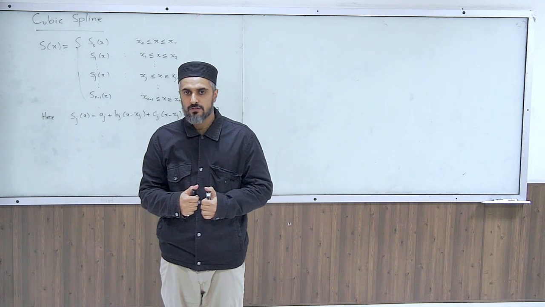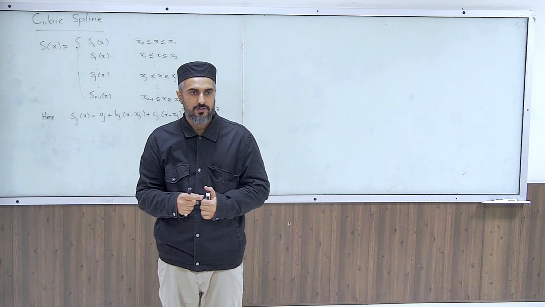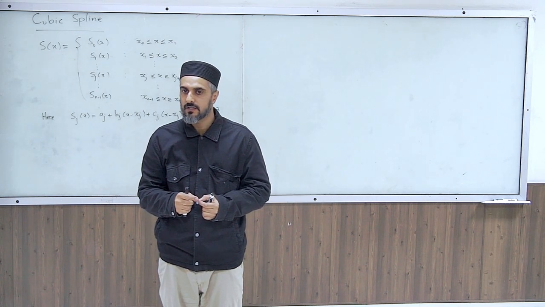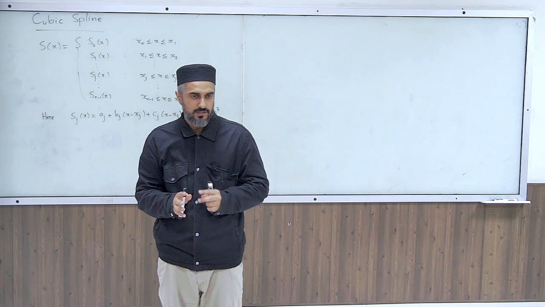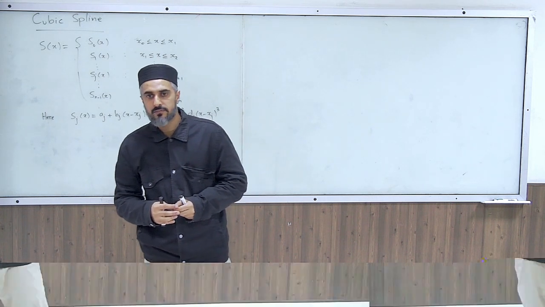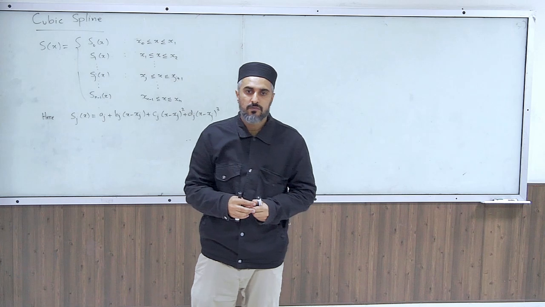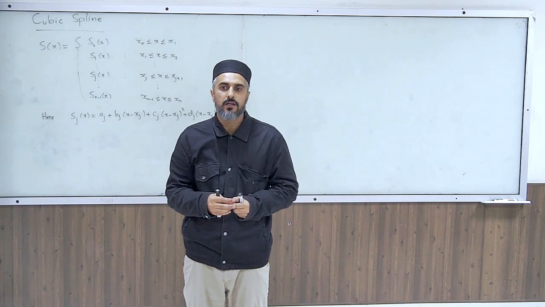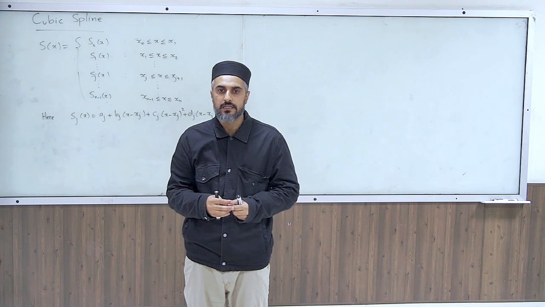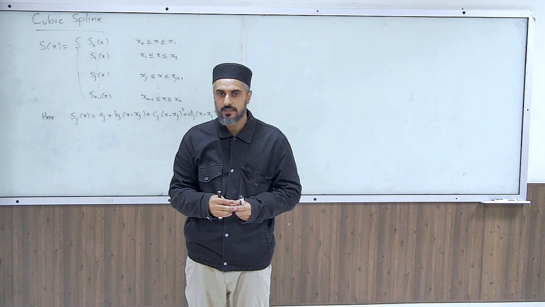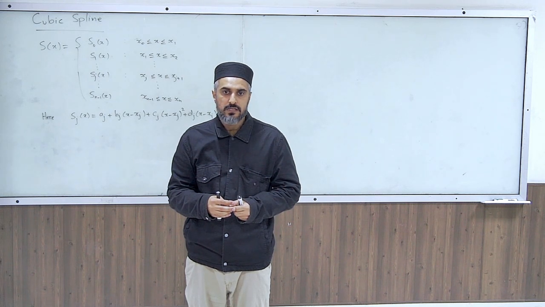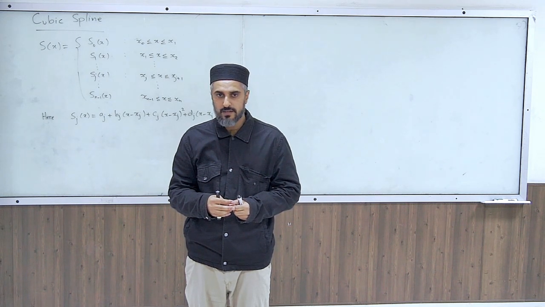Just a recap of Lagrange interpolation and Newton divided difference formula. They both give the same answer for the same degree of polynomial for a particular data set, but in terms of calculation, they are different. The Newton divided difference formula is more systematic than the Lagrange interpolation polynomial.